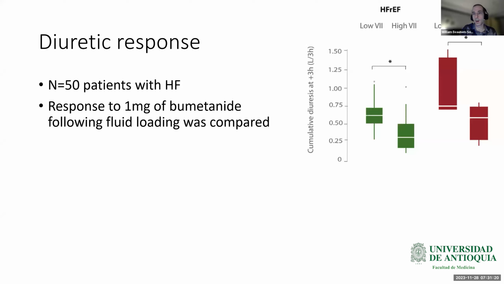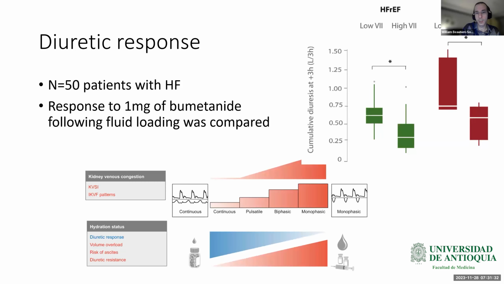It is a reason for diuretic resistance. This is a study done in heart failure patients who received fluid loading followed by 1 milligram of bumetanide. As you can see, patients with high venous impedance index, which is another marker of the alterations in intrarenal venous flow, had a lesser diuretic response to the same dose of diuretic treatment.